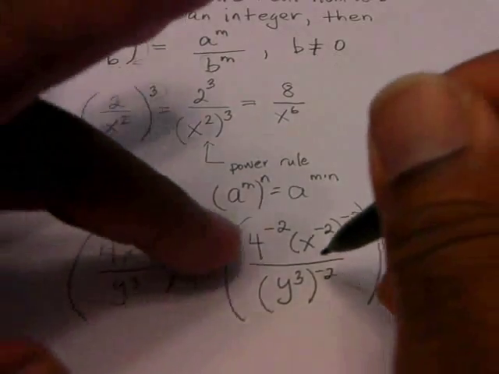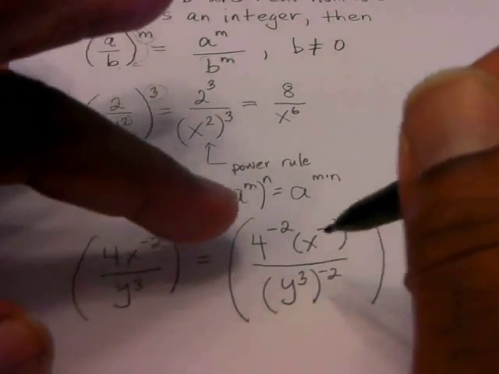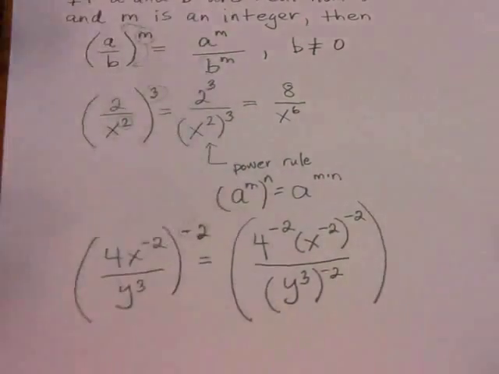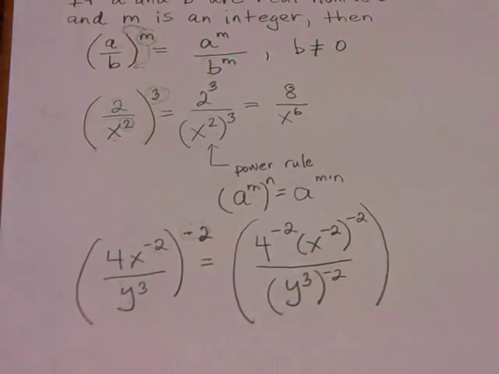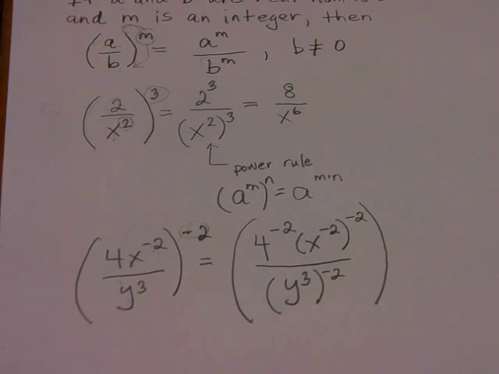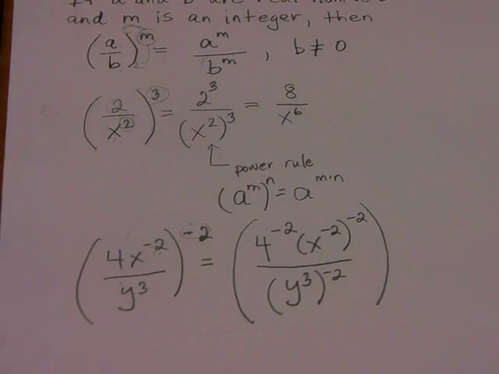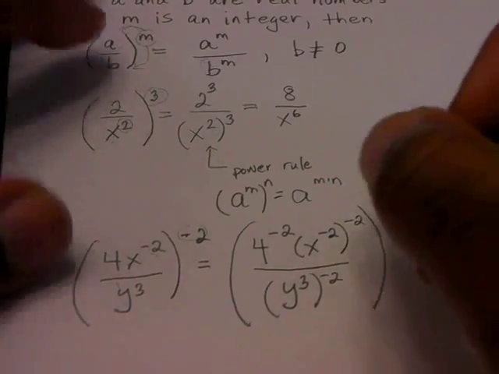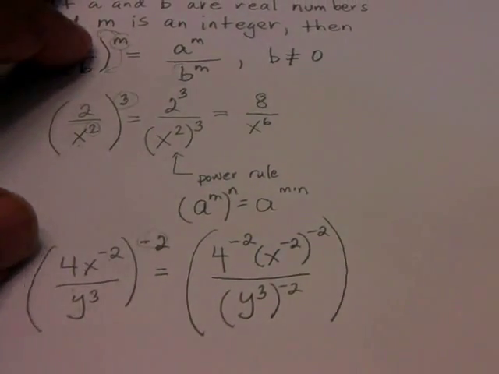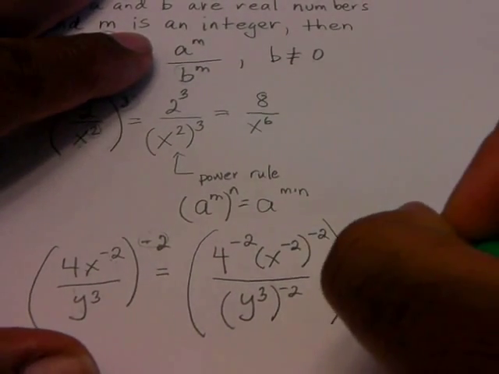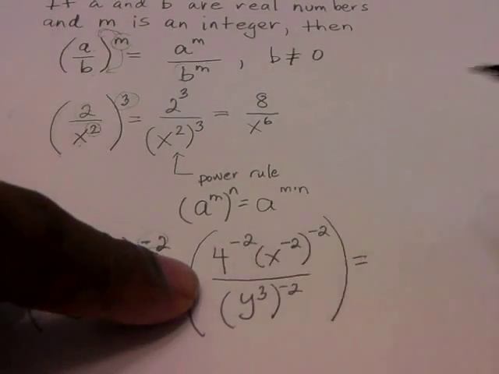So we work inside the parentheses and then work our way out. Later on, we'll introduce another technique that allows us to work within the parentheses and then work our way out by looking at the different operations in exponential expressions. So we have 4 raised to the power of negative 2.